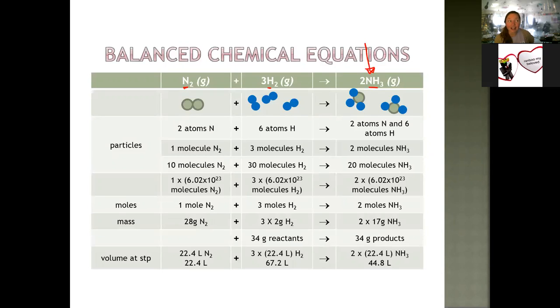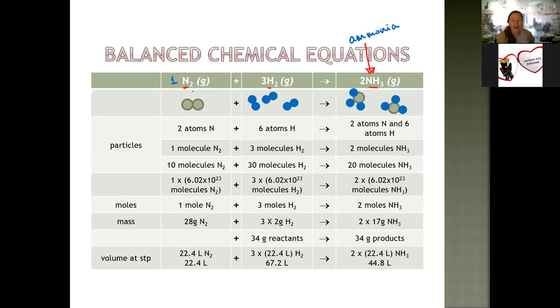We use it to make fertilizer. What is it? Anyone? Oh, it is ammonia. Perfect. My pen just turned itself off. It is ammonia. So this is our balanced chemical equation for making ammonia out of nitrogen gas and hydrogen gas.